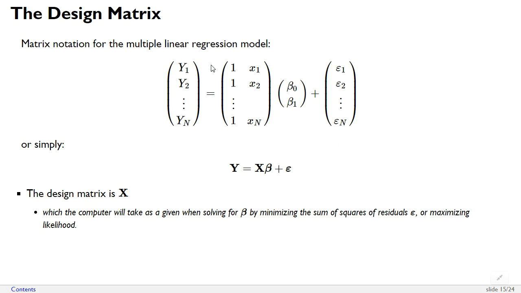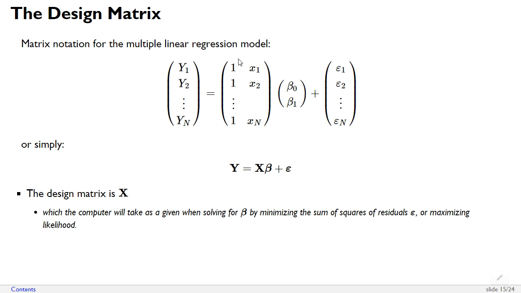But in this formulation, this is just a simple linear regression. There's only one predictor. For every predictor you have a column in this matrix. So there's one column that's just ones. That's going to correspond to your intercept, and one column for each variable.